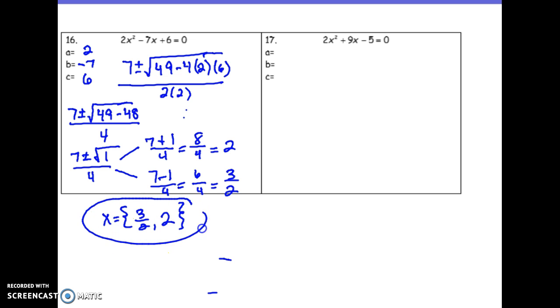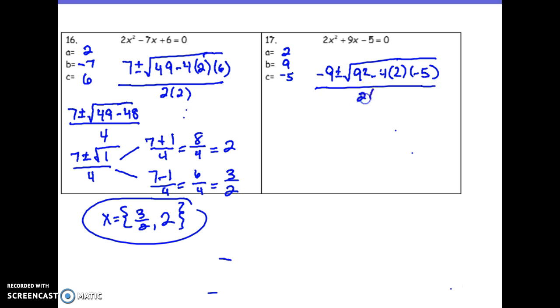All right. Number 17, we identify the a is 2, b is 9, c is negative 5. This would become negative 9 plus or minus the square root of 9 squared minus 4 times 2 times negative 5, divided by 2 times 2.